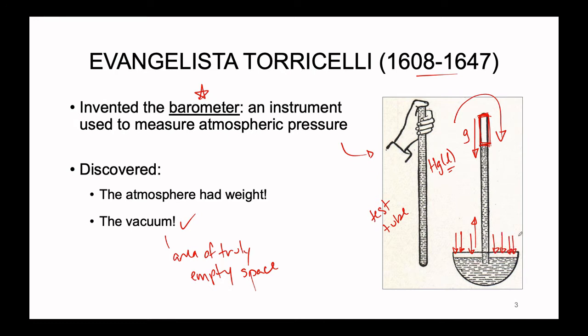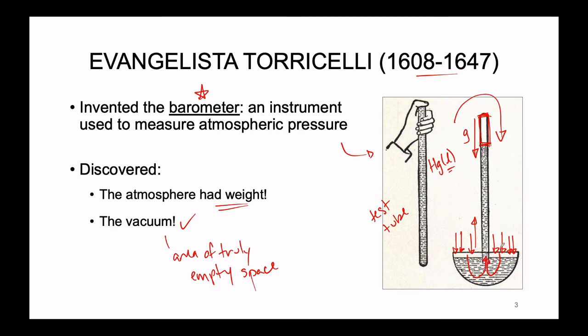So if there are particles in the atmosphere, it stands to reason that they're going to have some type of weight to them. And their weight is what is pressing down into the mercury surrounding in this bowl. Well, since we have so much weight being pressed down on the mercury in the bowl, there's nowhere really for this mercury to go except for up.